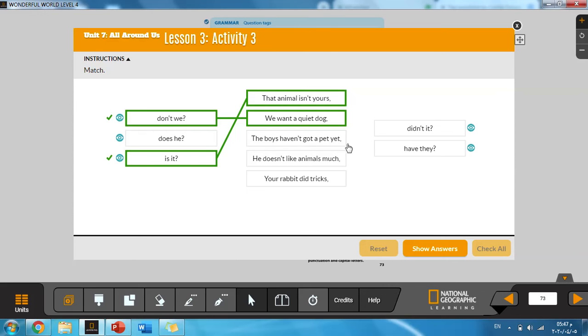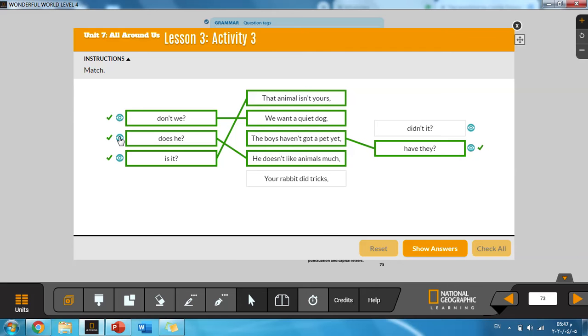The boys haven't got a bet yet, have they? This is negative, so the question should be positive. He doesn't like animals much. We have doesn't, so the question should be positive: does he? Your rabbit did tricks, didn't it? So this is activity 3.